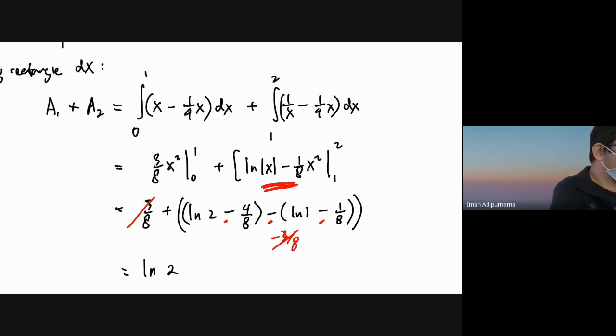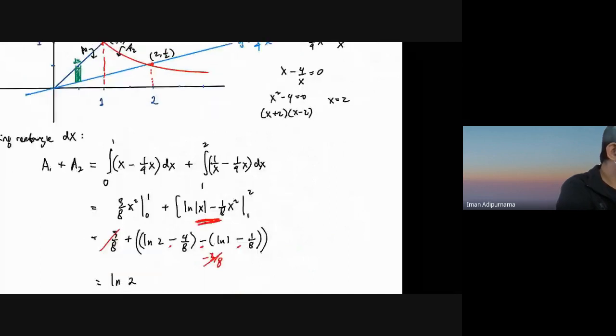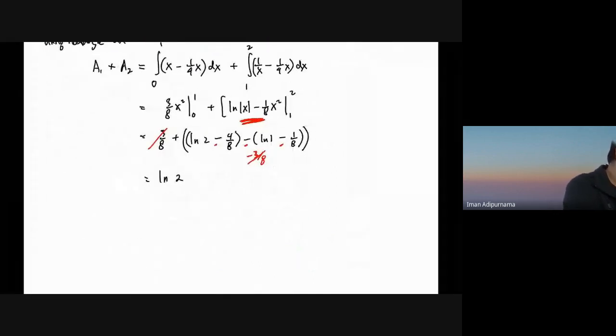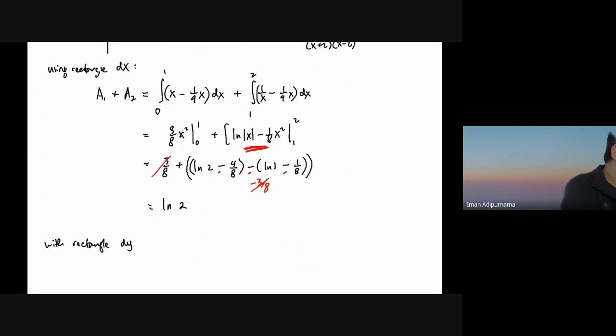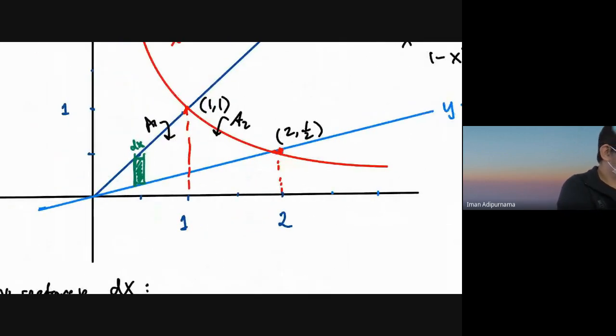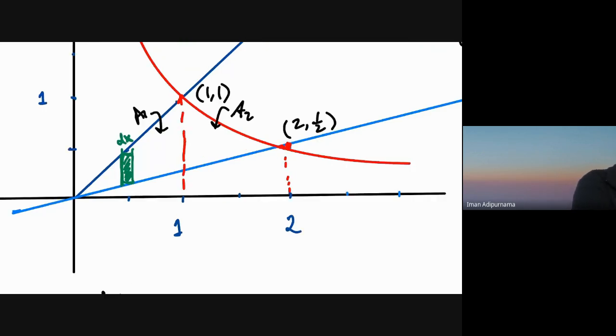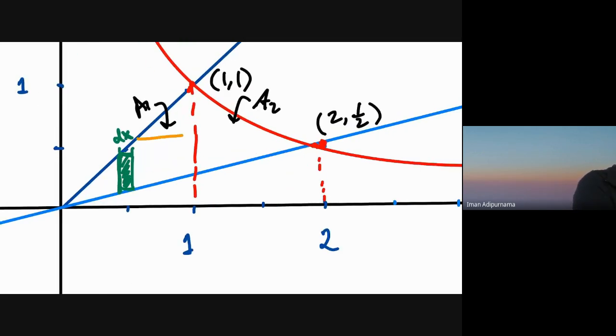If we look with the rectangle dy, maybe I will change the color to a little bit orange. So let's say we have this, that's our rectangle dy.